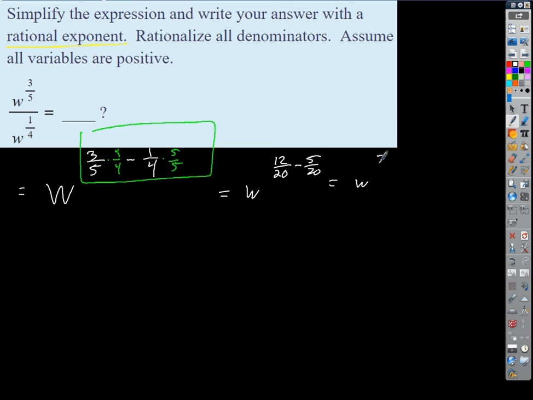That's it. And that could be reduced if we could, right? You would reduce it if you could, but you can't, so it's just w to the 7/20. Okay? Good, so there's that one.